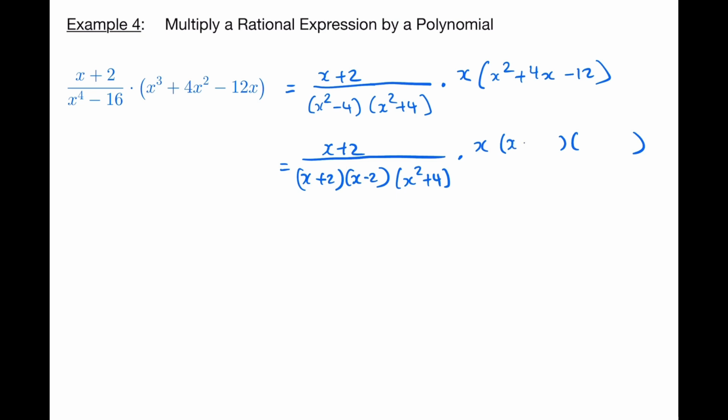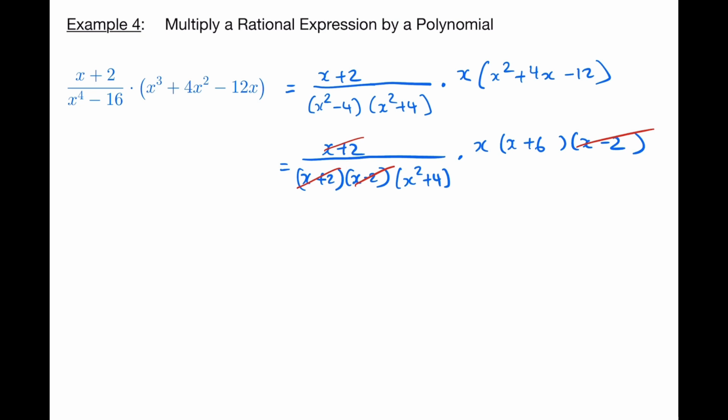So it would be positive 6 and -2. Now that we have all of this factored out, we can start canceling things. We have an x plus 2 here, an x plus 2 down here, and so we can cancel those out. And we have an x minus 2 over here and an x minus 2 down here, and so we can cancel that out.